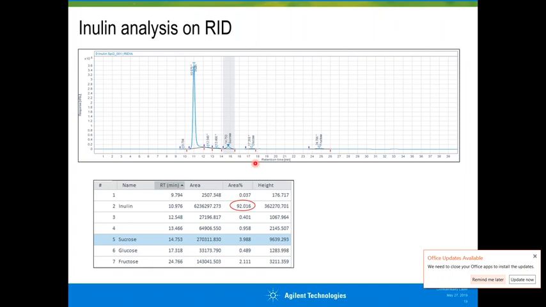Okay, so this is a very unique application wherein, without the need for a standard, we could still find out roughly what the purity in my sample is with the help of area percent. This value is normally depicted in the software itself. I do not need to do any sort of calculations.